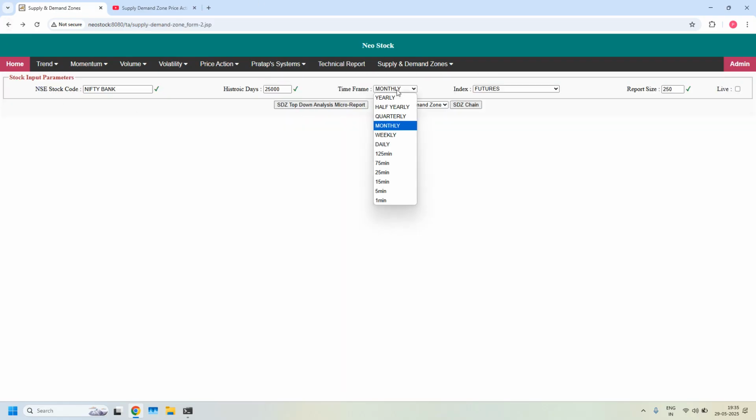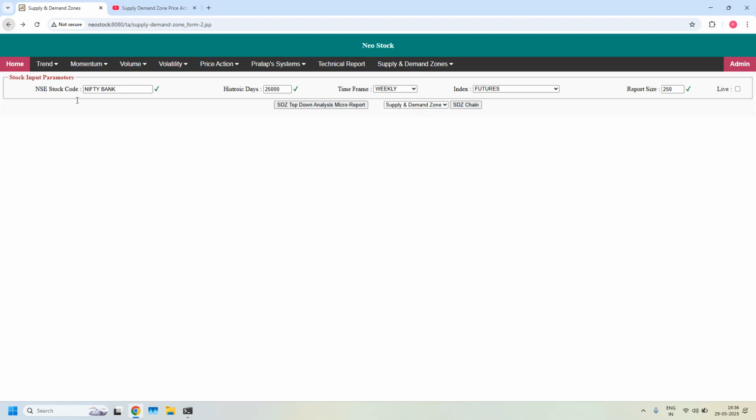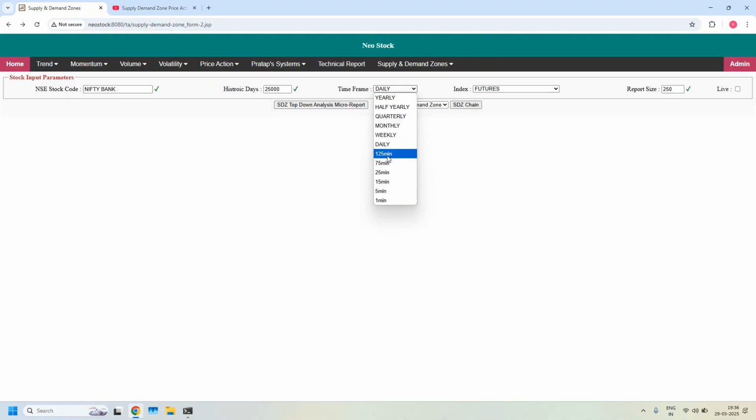Next, generating a weekly supply demand zone chain for Nifty. Next, generating a daily supply demand zone chain for Nifty. Next, generating 125 minutes supply demand zone chain for Nifty.